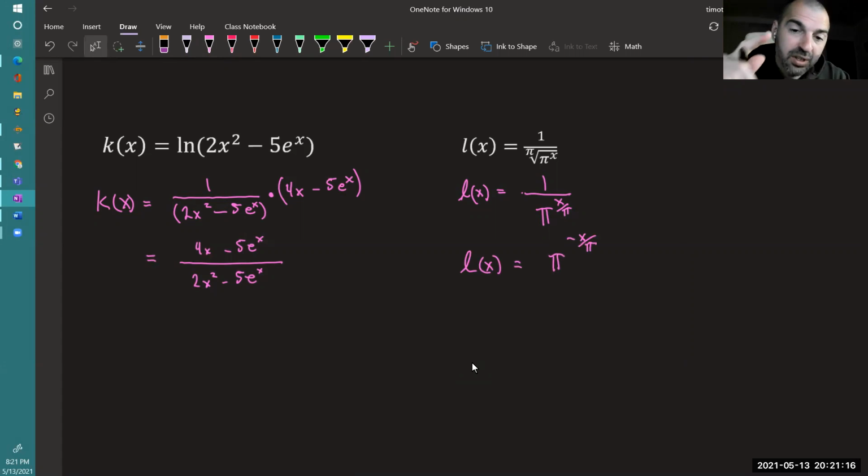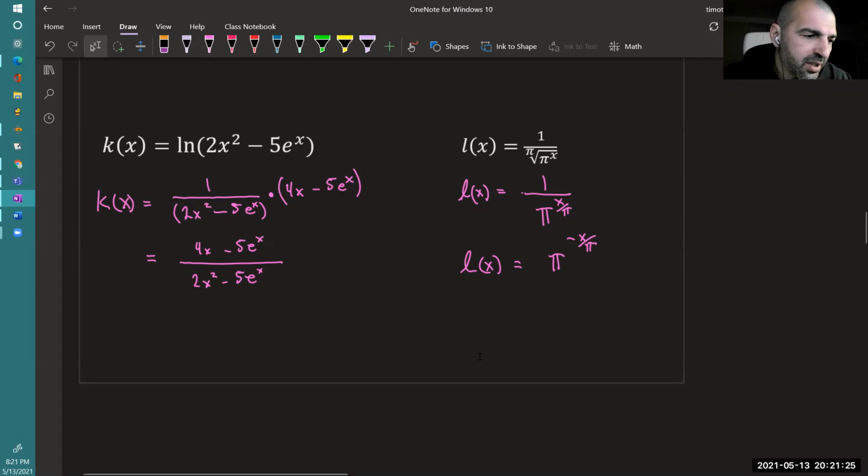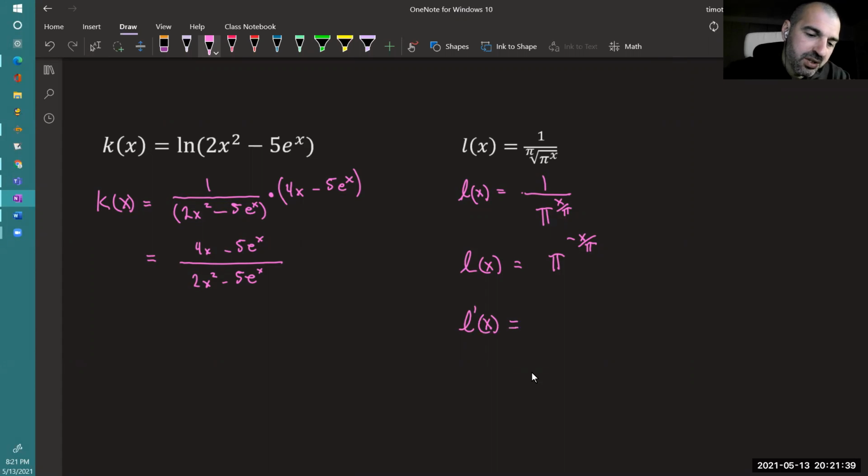And now this is what I'm going to do. I'm going to take the derivative of this guy. Okay. Now it looks like I got an exponent rule because my x is in the exponent position. So my derivative is the same thing, okay, written.